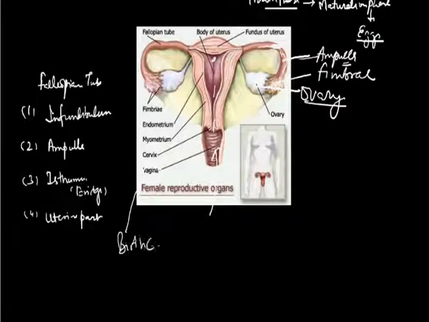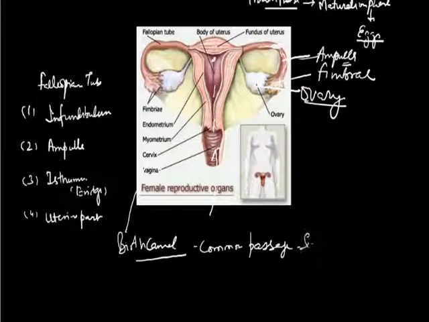It acts as a common passage for transfer of sperm as well as removal of waste product, that is, urination. When we study the cyclic changes taking place in the uterus at the onset of puberty, these are studied under the menstrual cycle.